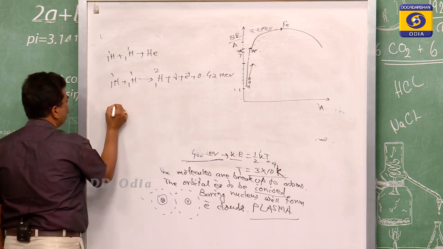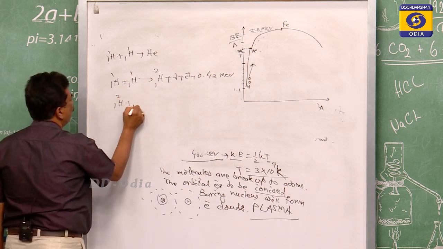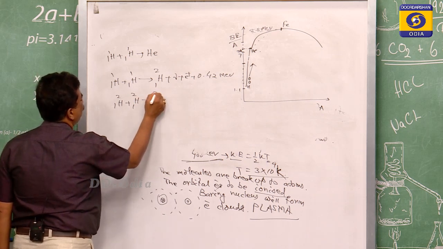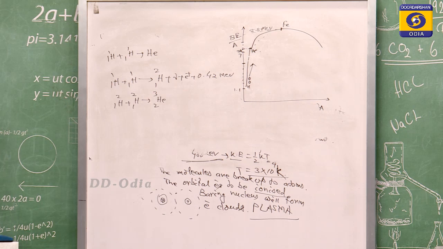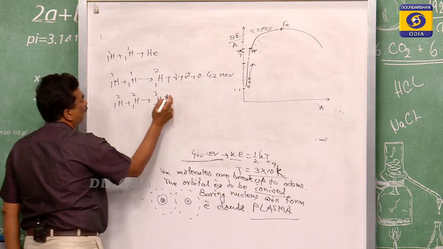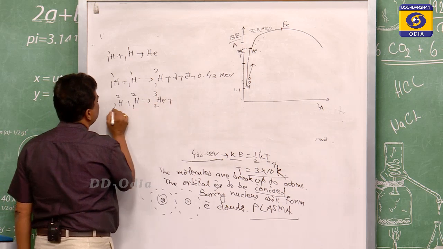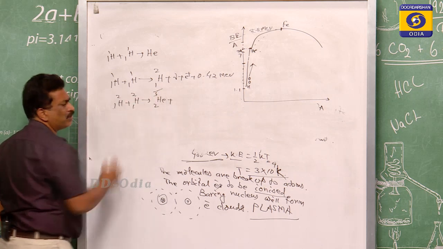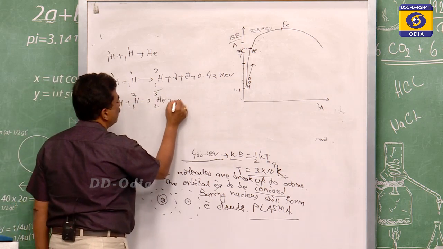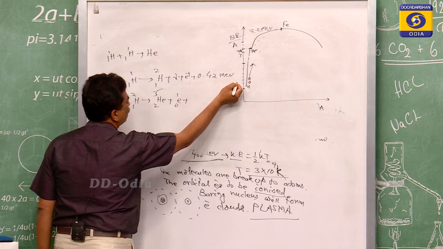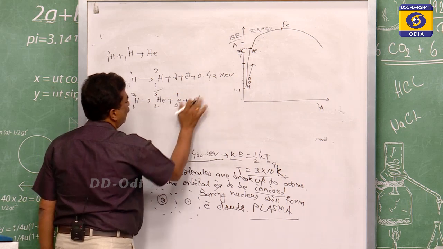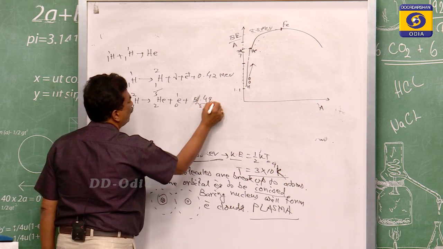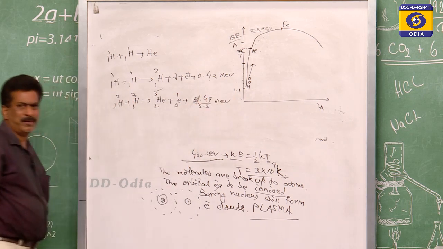Again, this 1H2 with 1H2 gives you He23. You see, 1 plus 1 is 2, 2 plus 2 is 4, that equals 3. This releases some energy, equal to 5.49, or approximately 5.5 MeV.